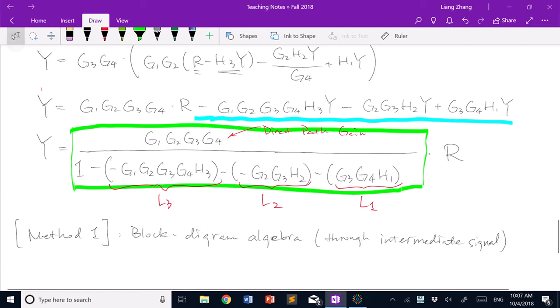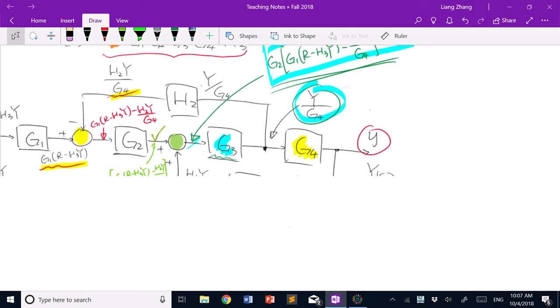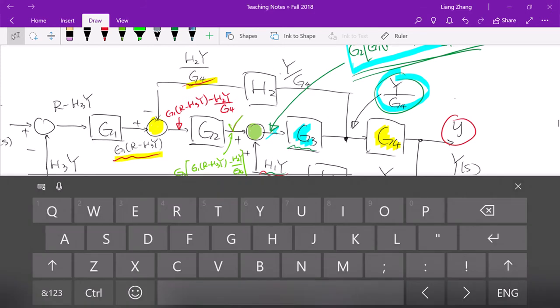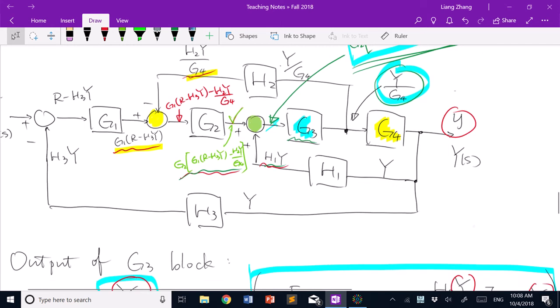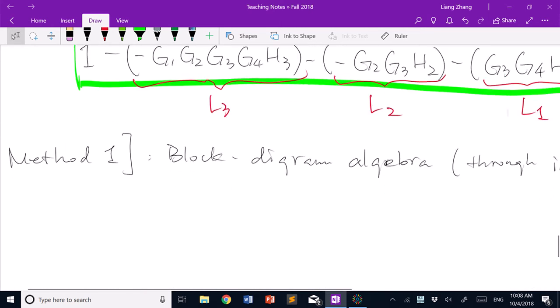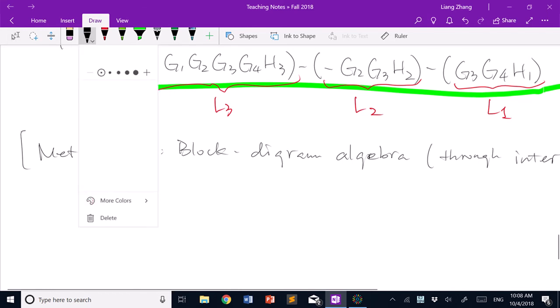You need to figure them out and eventually equate both sides of the equation. This is what we did. And of course, it's also possible sometimes to rearrange, to reroute the signals a little bit, but this is what we call the block diagram algebra. It's usually more complicated.